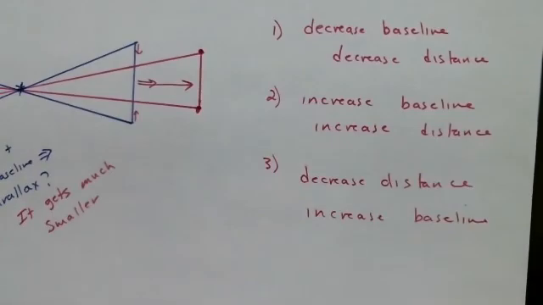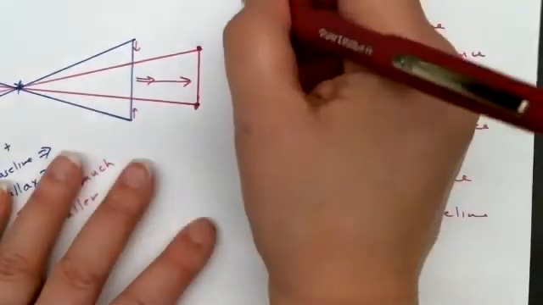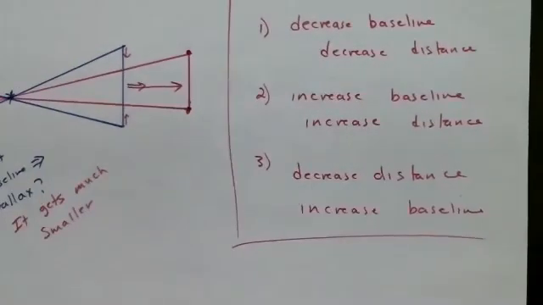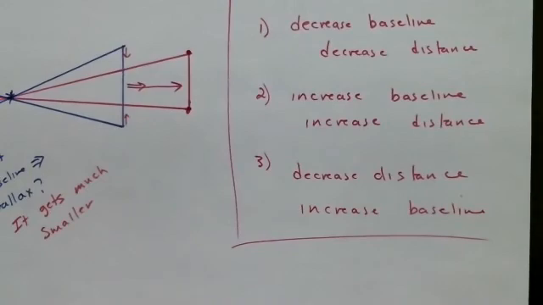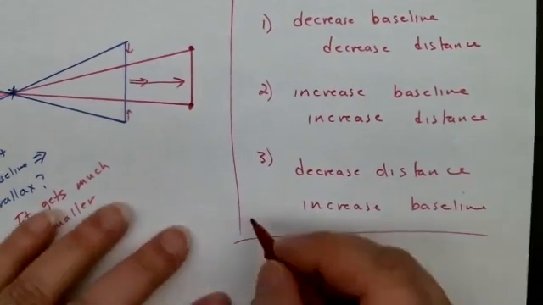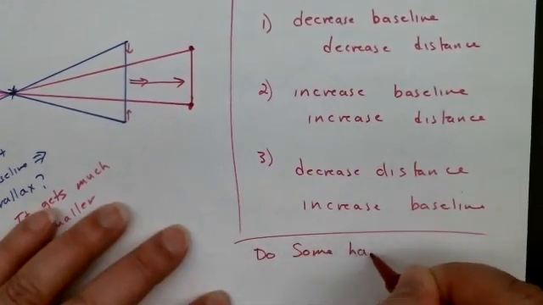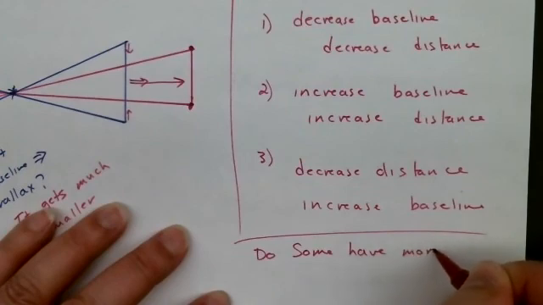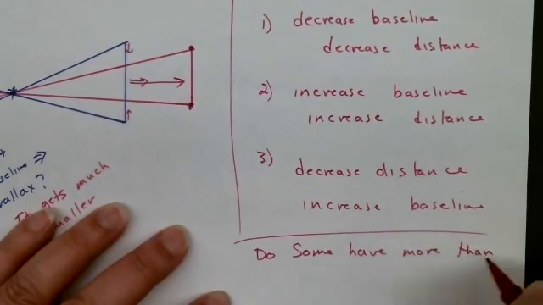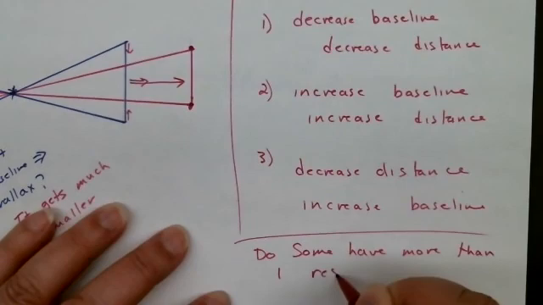All right. Now, those are the scenarios you're going to draw. And you might find, if you think about it, that some of them can have more than one result. Do some have more than one result?